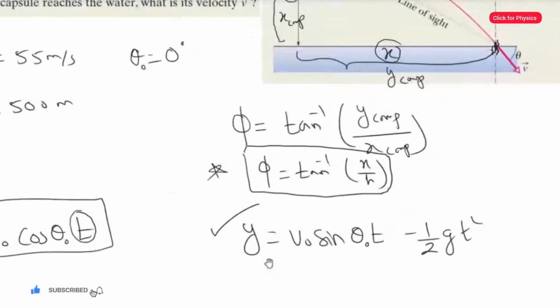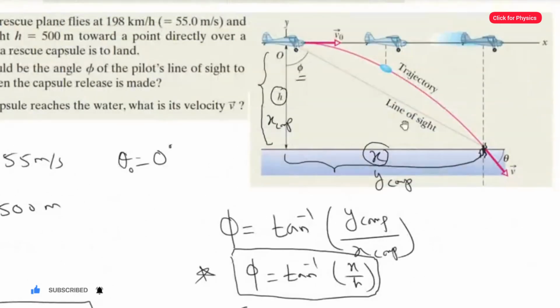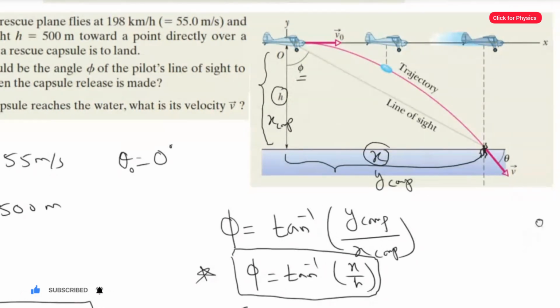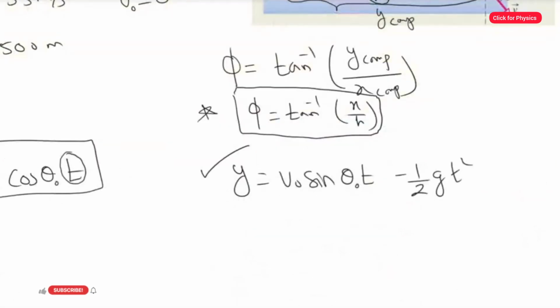You can see the y-axis from the flight to this guy, and they clearly mention the axes of the airplane. This is the x-axis, this is the positive y-axis, and below this aeroplane is our negative y-axis. Am I right? So we have to consider minus 500 here. Why minus 500?